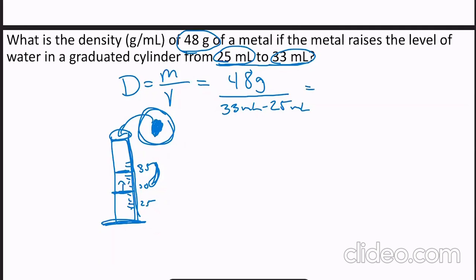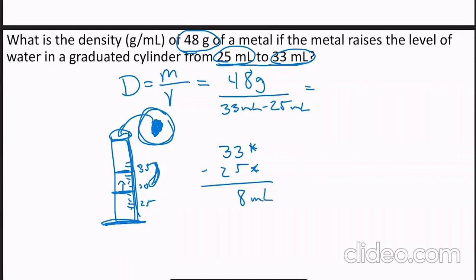Here, we're going to be doing division and we're going to be doing addition subtraction. So let's take care of addition subtraction first. 33 minus 25, 0 past the decimal, 0 past the decimal. My answer is 0 past the decimal.